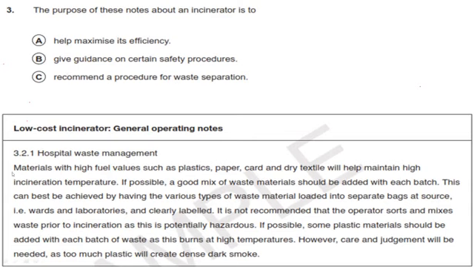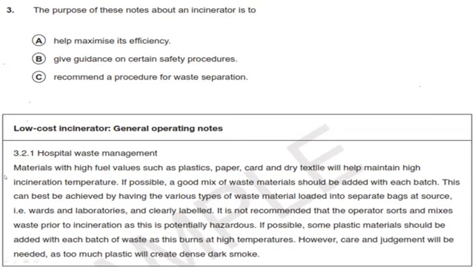Okay, can you read this paragraph loudly? Hospital waste management: materials with high fuel values such as plastics, paper, card, and dry textile will help maintain high incineration temperature. If possible, a good mix of waste material should be added with each batch.